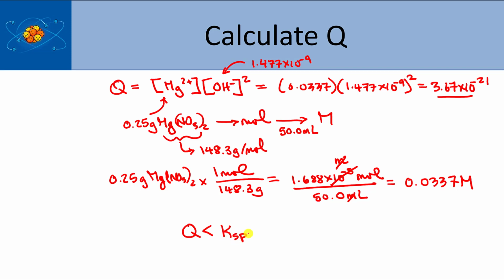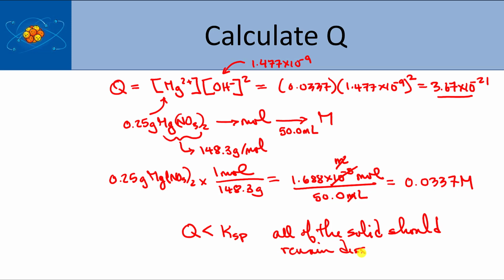So in other words, it means that you don't get more dissolving, because you didn't put any solid magnesium hydroxide in there, but all of the solids should remain dissolved. Or the other way you could say it is none of the ions will precipitate because Q is less than K.